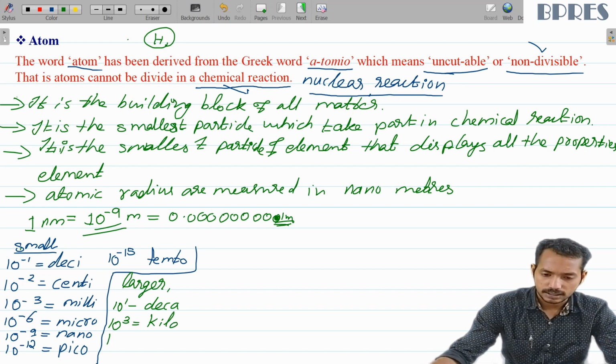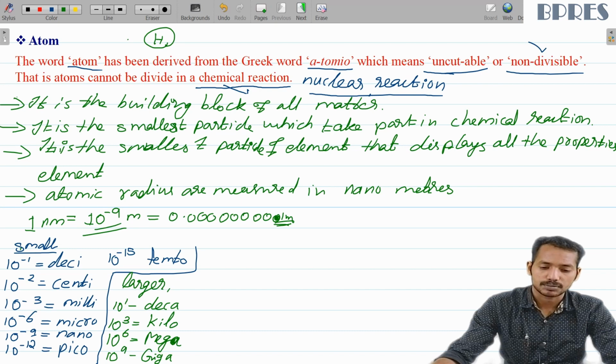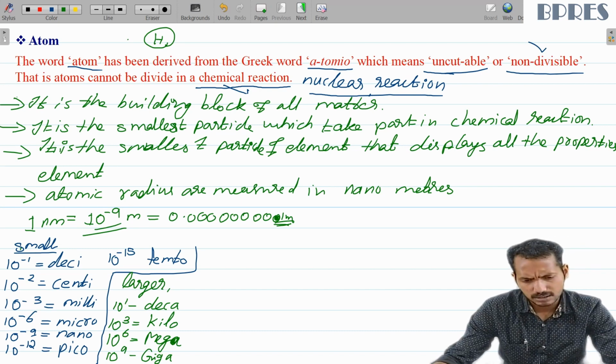Then 10 raised to 6 is actually mega. 10 raised to 9 is actually giga. Some frequencies of some waves we represent in this range. Anyway, this is just for your understanding.